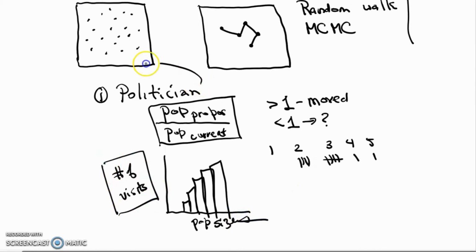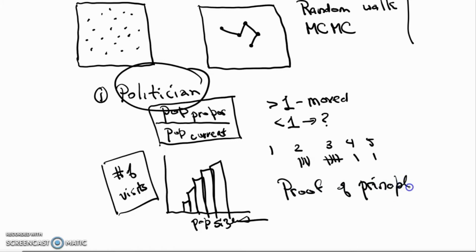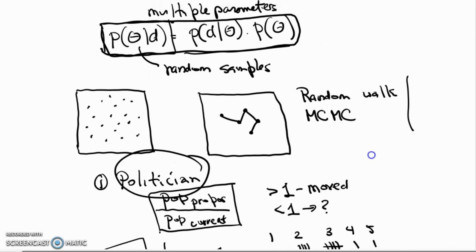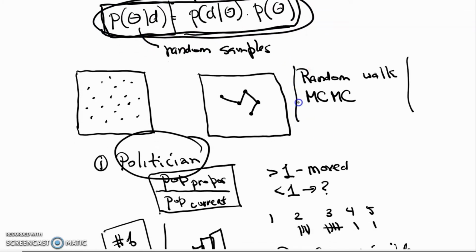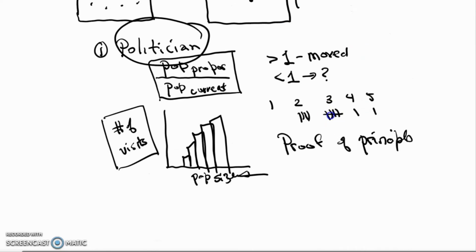And so what we have with the politician is essentially a proof of concept that says, okay, maybe it is feasible to do something like this implemented with a random walk, and perhaps it'll work.